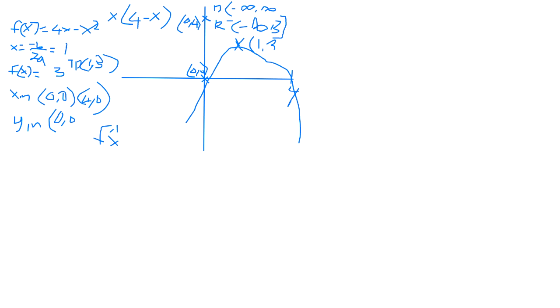Then our last point is 1 and 3. So when we interchange, our next point is 1 and 3. What would that point become now?